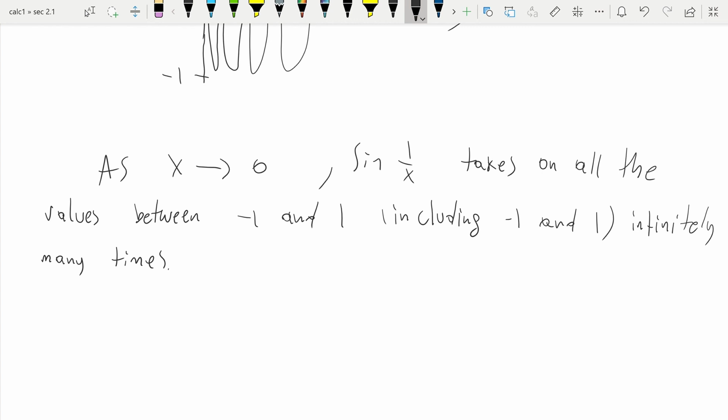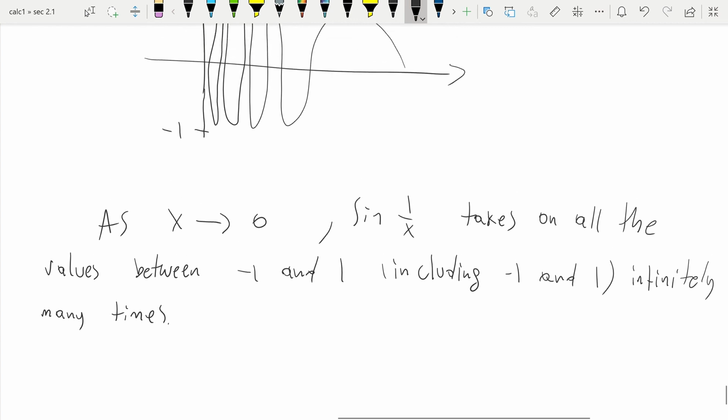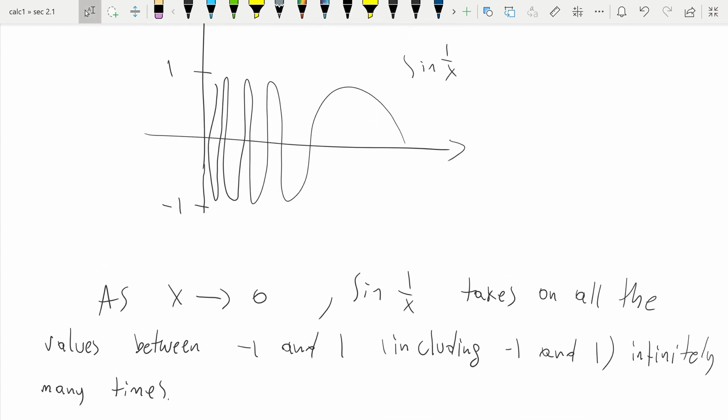So this oscillating behavior tells us that it cannot be approaching anything, because it's actually going from minus 1 to 1 infinitely many times.